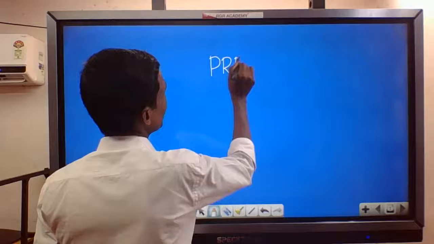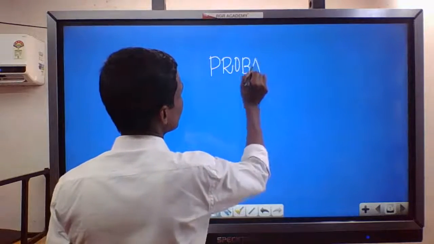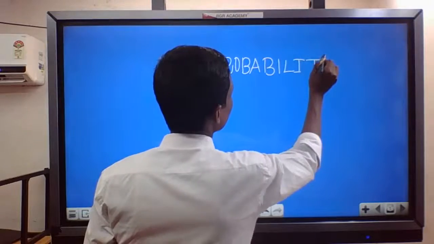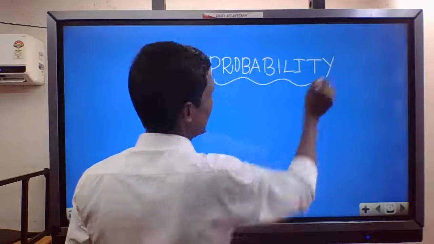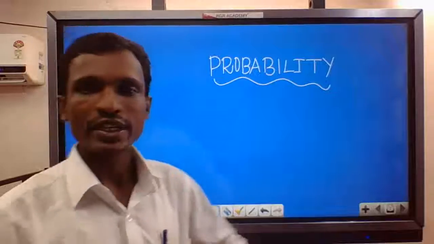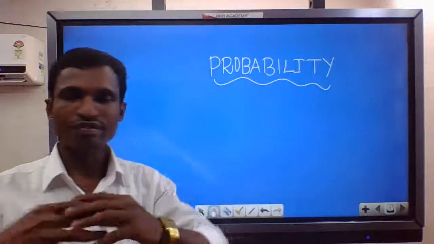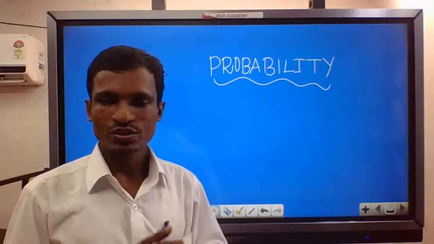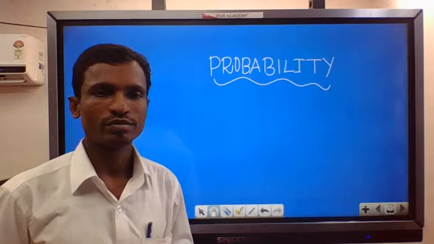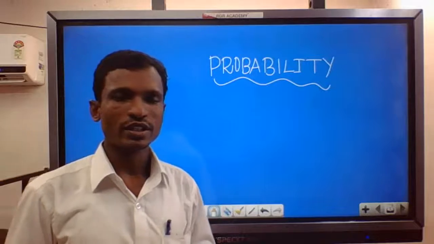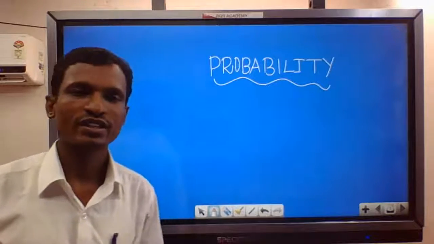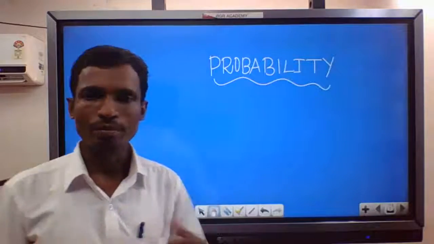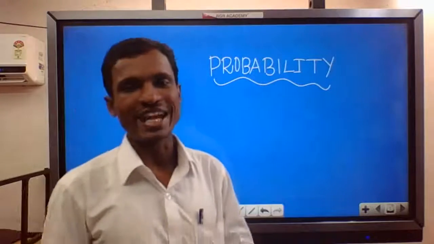Today we continue with probability. We know that it has constituents of many forms: conditional probability, then binomial distribution, including mean, variance, and standard deviation.